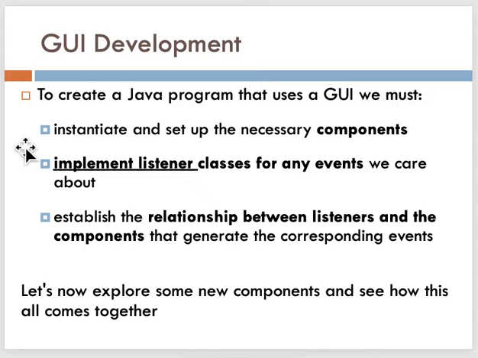So to create a Java program that uses the GUI, we've got to use all three of these fundamental classes: the components, the events, and the listeners. You start off by instantiating and setting up the necessary components that you might have. And then you implement the listener classes for any specific events that you're interested in keeping track of in your application.